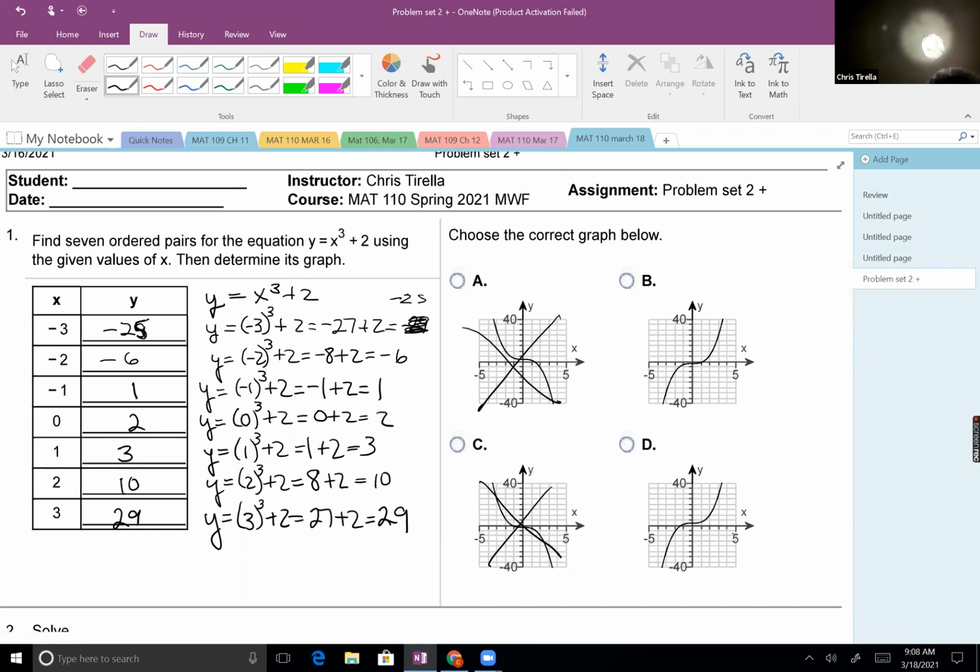But as I compare those two, what I want to focus on is when x is 0, that's my y-intercept. Do you see how over here when x is 0, y is a positive 2? So I should cross the y-axis at a positive value. My y-intercept should be positive, giving me that D is the correct choice. Does anybody have any questions on that one?